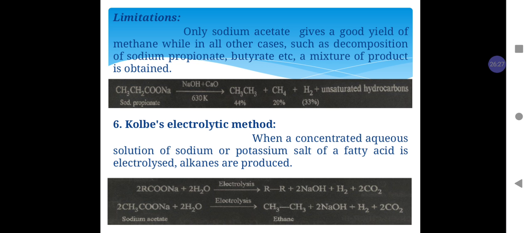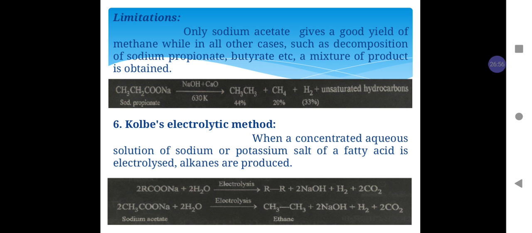For example, if sodium propanoate undergoes decarboxylation in the presence of soda lime, it will give ethane, methane, hydrogen plus unsaturated hydrocarbon. So we see from the reaction that a lot of products are formed in this reaction.